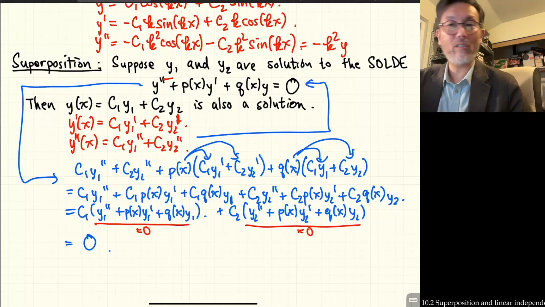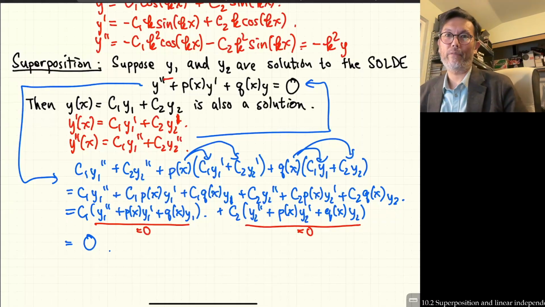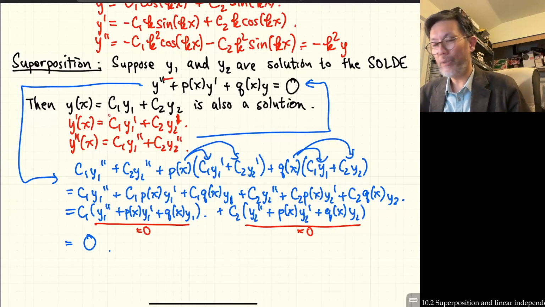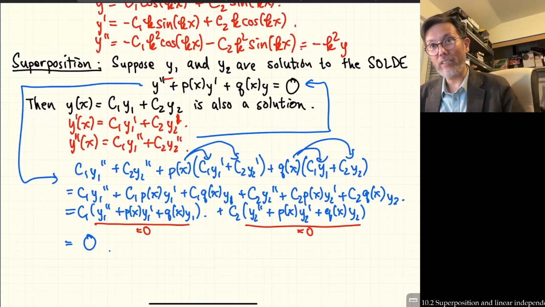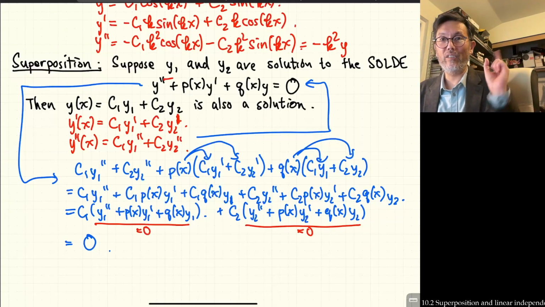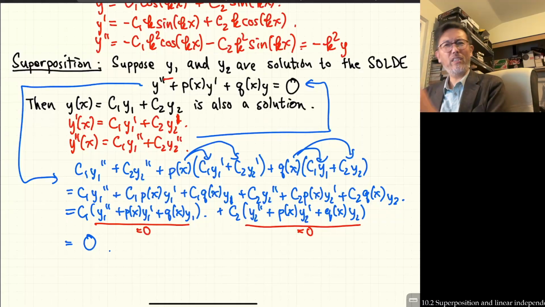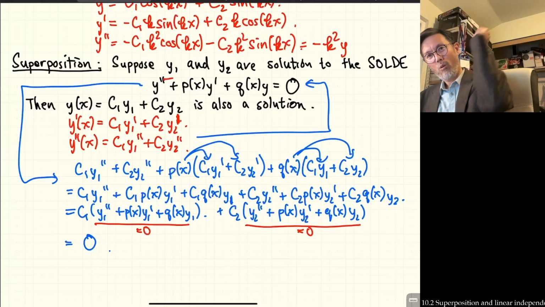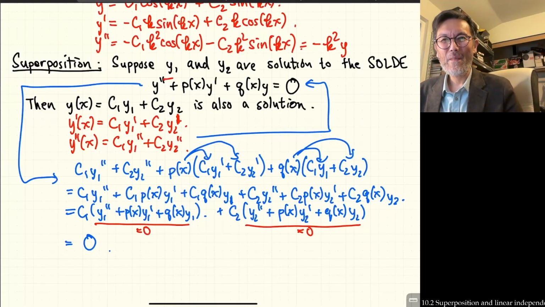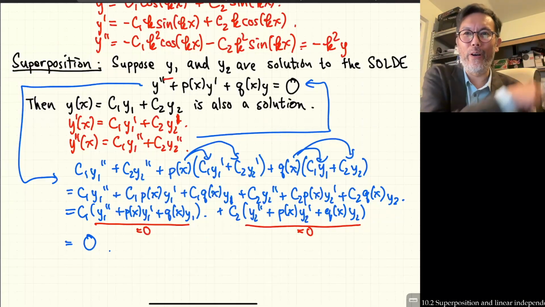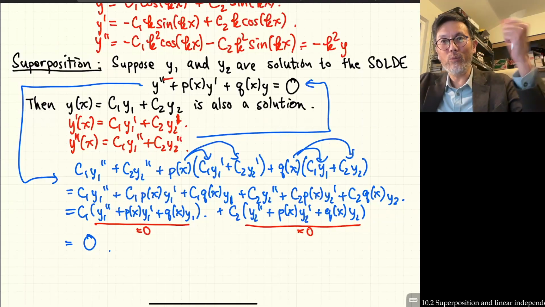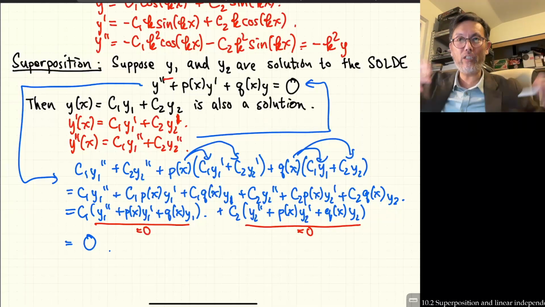If y2 is just 5y1, then c1y1 plus c2y2 is just, well, in fact, what it is is c1 plus 5c2 times y1. It's a constant multiple of y1 though, okay? So it's not really two knobs, it's not really two-dimensional any longer.